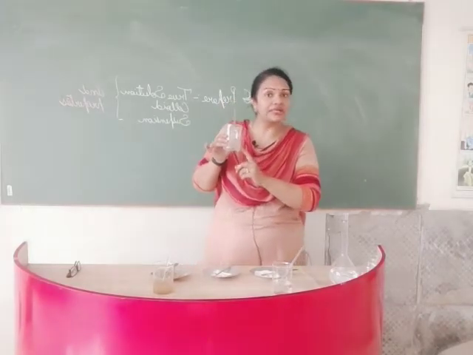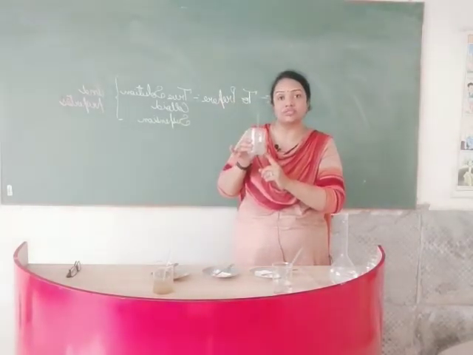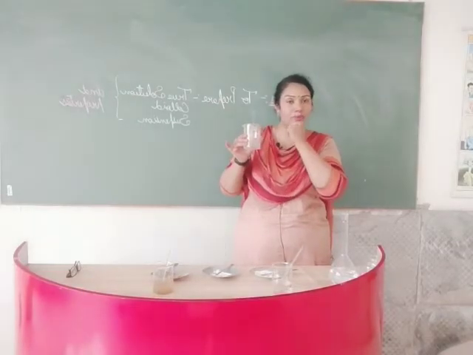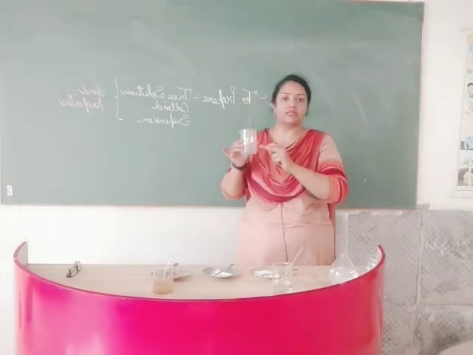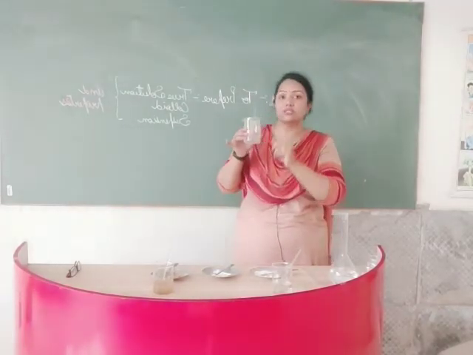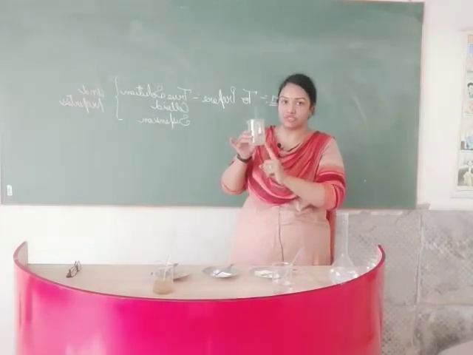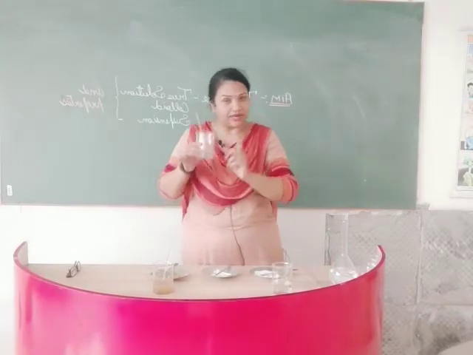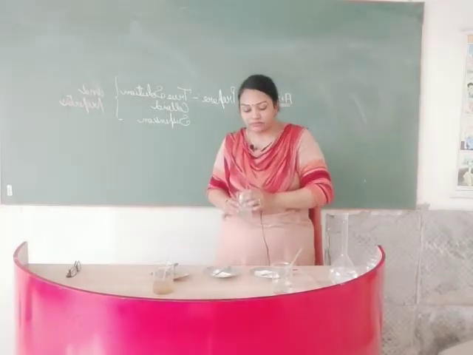It is appearing like homogeneous, but it is not homogeneous, it is heterogeneous. If you see it under the microscope, you will observe that the particles can be seen under the microscope. So this is appearing to be homogeneous, but this is a heterogeneous mixture. The particle size is 1 nanometer to 100 nanometer.